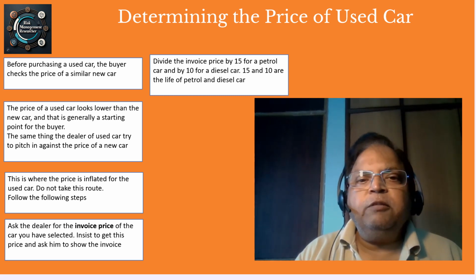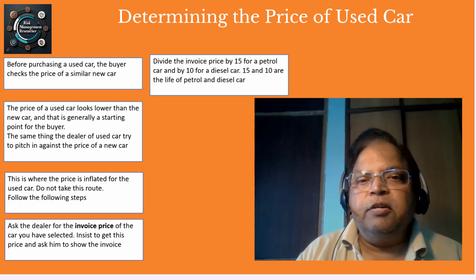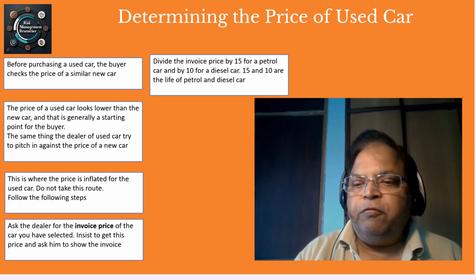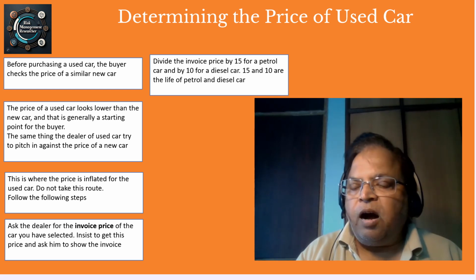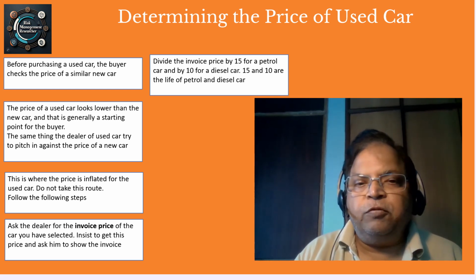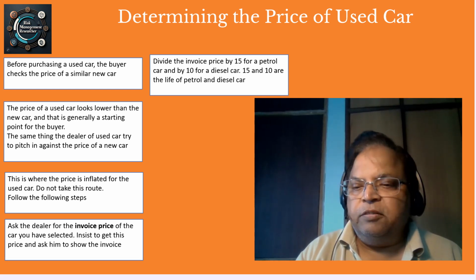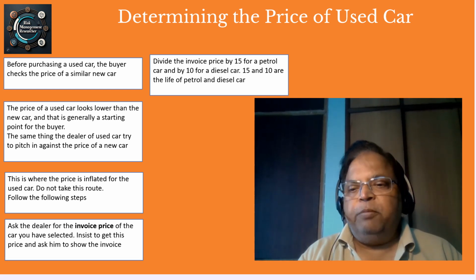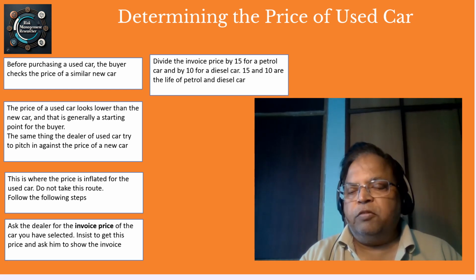Now divide that price by 15 for a petrol car and 10 for a diesel car. Why 15 and 10? Because the life of a petrol car is 15 years and the life of a diesel car is 10 years. When you divide the price of a petrol car by 15, what you get is the value of each year of the car.